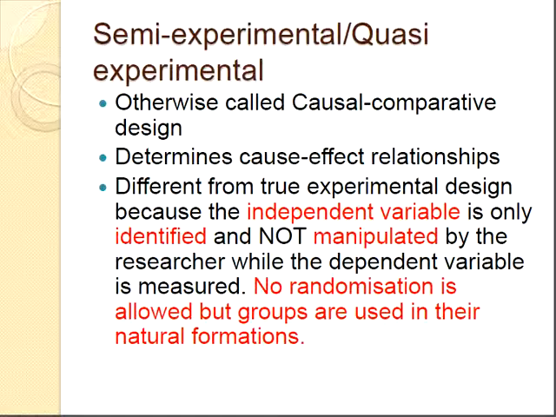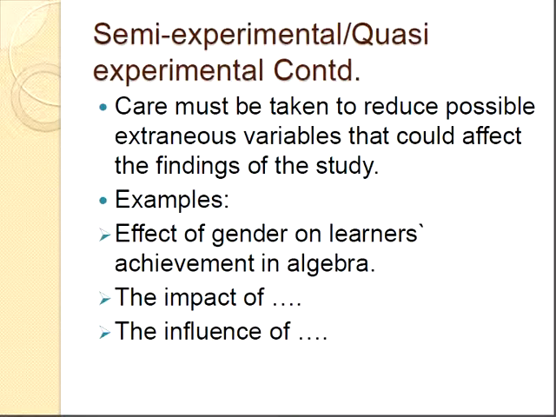You want to measure the students' achievements, and that you can do because it is a dependent variable. In quasi-experimental design, there is no randomization that is allowed, but groups are used in their natural formations, and such is called the intact class.